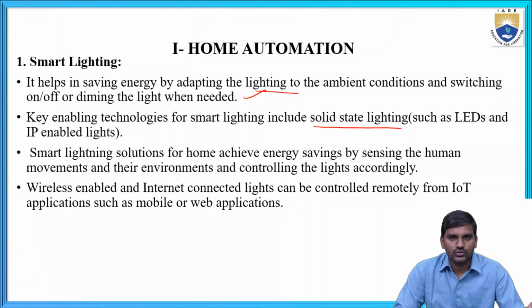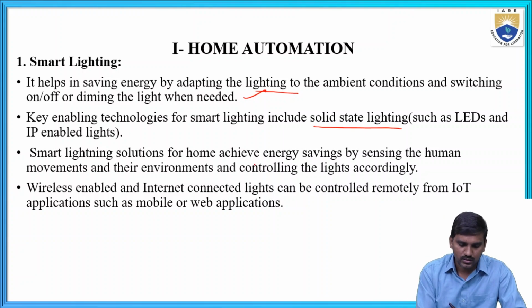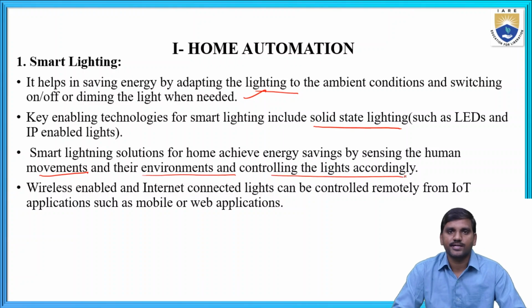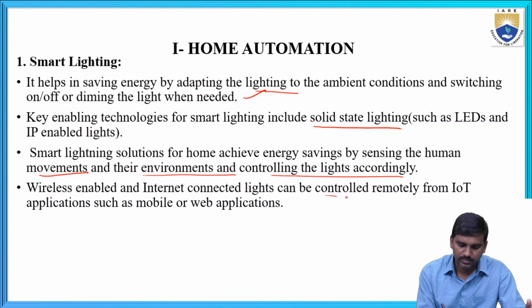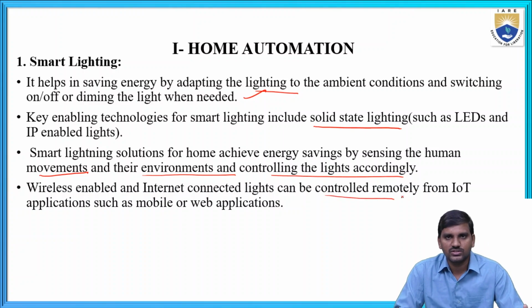Smart lighting solutions for home achieve energy savings by sensing human movements and their environments and controlling the lights accordingly. According to human activity, it maintains on and off conditions. Wireless enabled internet connected lights can be controlled remotely from IoT applications such as mobile or web applications.